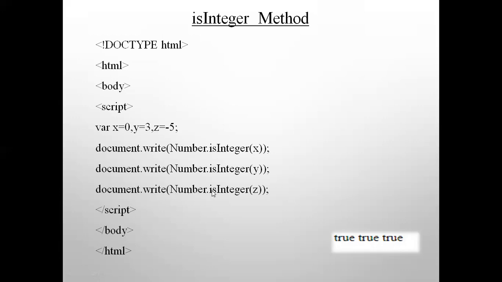Again, Number.isInteger(-5), that is also true. It's a negative but an integer. So this is the way how you write and use the isInteger method. This is the boolean value which will be printed after checking. So this is the demo of the isInteger method.